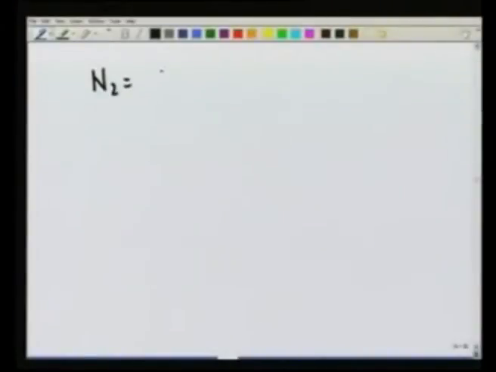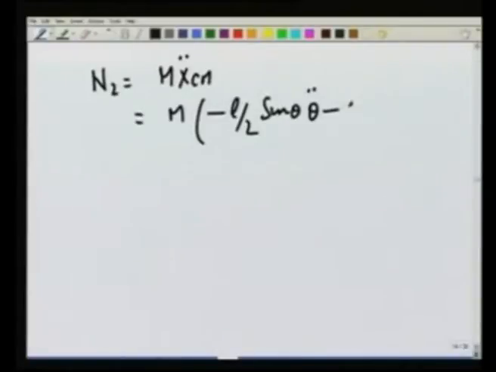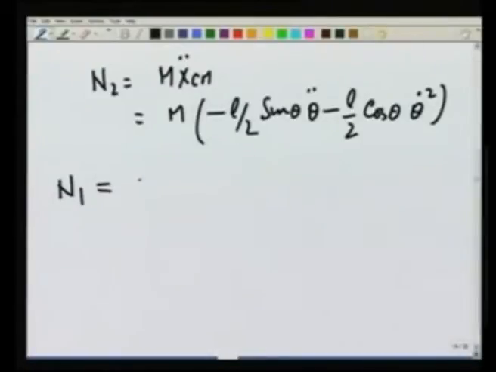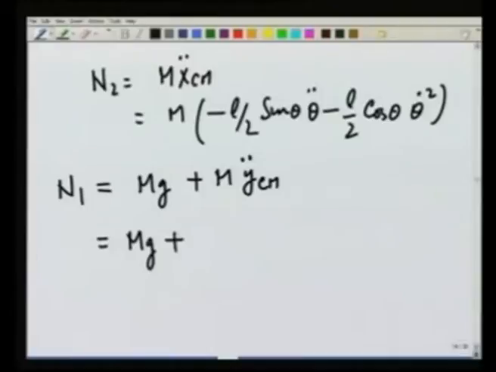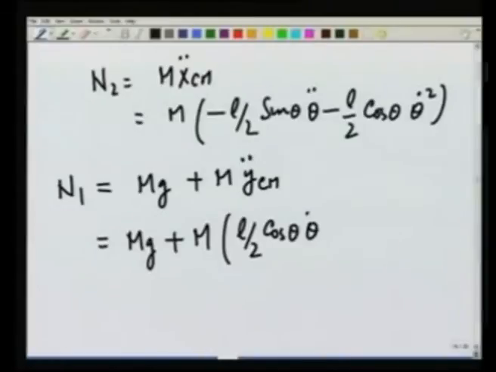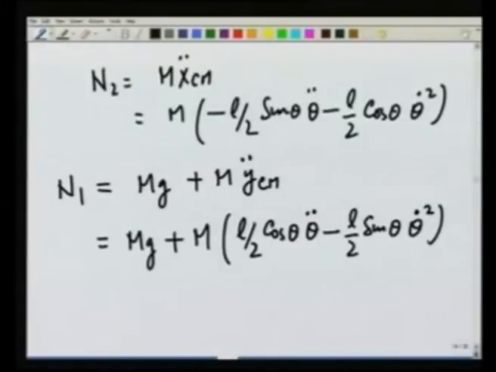N2 would be equal to m times x cm double dot, which is m times minus L over 2 sine theta theta double dot minus L over 2 cosine theta theta dot square, and N1 would be equal to mg plus m ycm double dot, which gives me mg plus m times L over 2 cosine theta theta double dot minus L over 2 sine theta theta dot square. So, these are equations that give me N1 and N2.